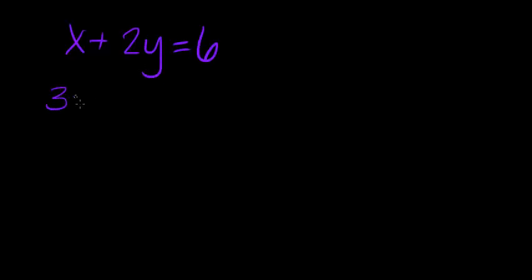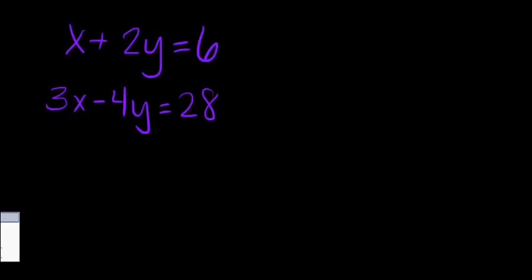All right, here's our next system. Okay, so we have x plus 2y equals 6 and 3x minus 4y equals 28. Do you notice anything different about this system than the example that we just did?